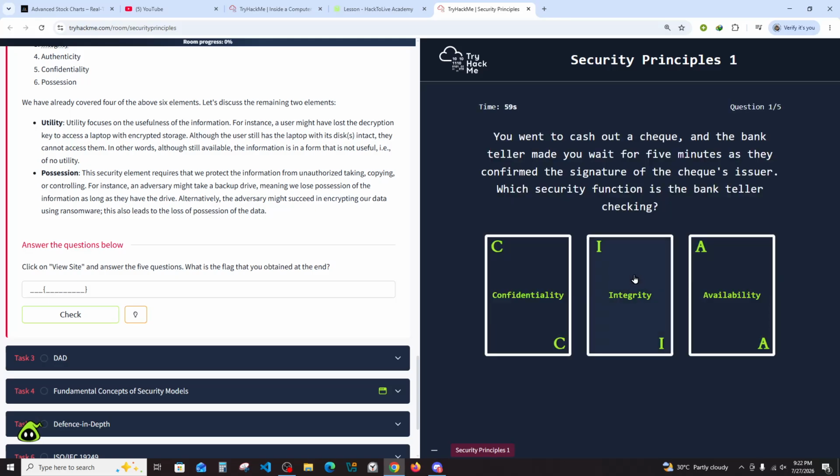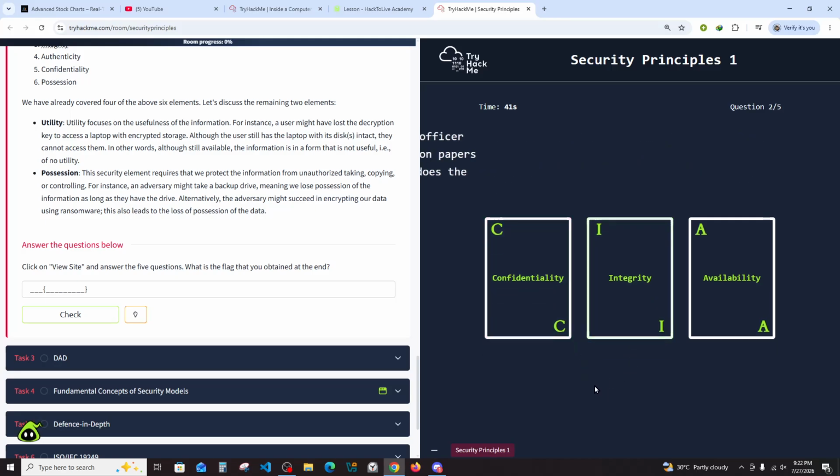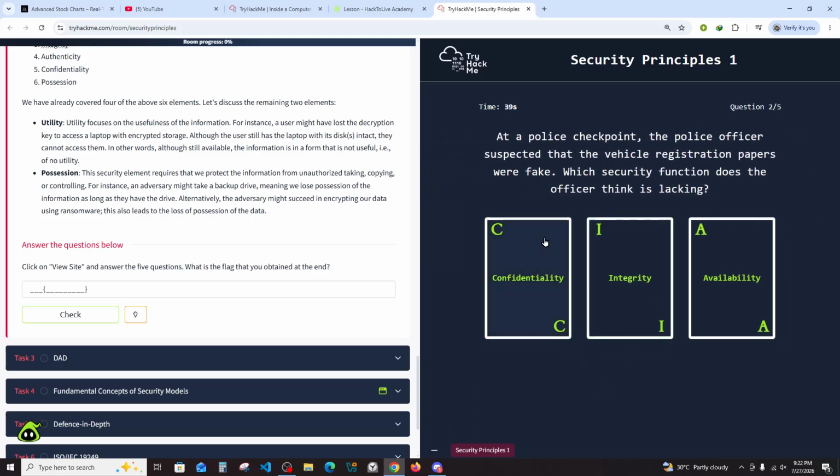Also, you want to cash check and the bank is the check issuer. Police checkpoint regulation paper were fake.